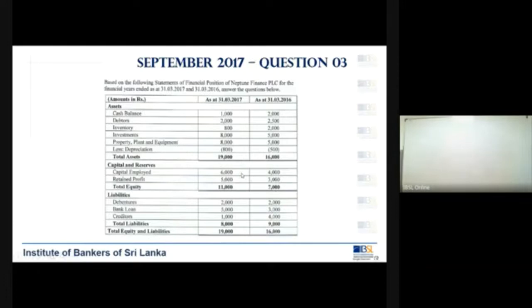So which means the company has earned a profit, and after paying out whatever they have, their retained profits have grown. But you look at the cash position. Cash has reduced from 2,000 to 1,000. Now what does that mean? That is what they are asking.